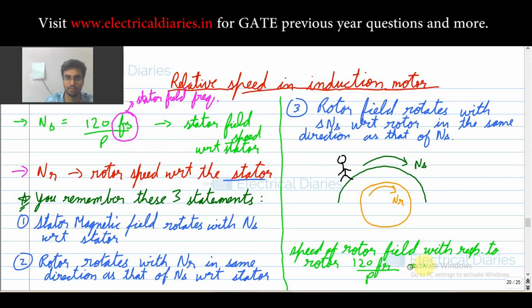Please watch that video. So it will be 120 S Fs by P, so it will be S Ns. If you are having some difficulty understanding this, please watch that video in which I have explained this concept. This is very crucial. From there we find this S Ns. So this only I have written: the rotor field rotates at S Ns with respect to the rotor in the same direction as that of Ns.